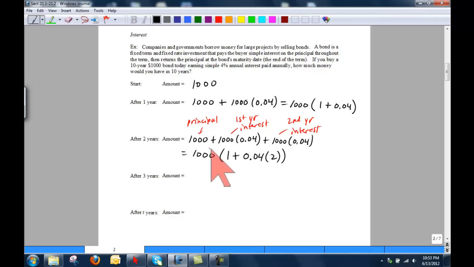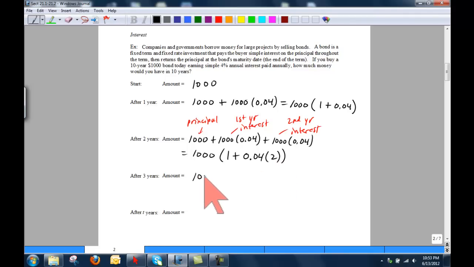So the 1,000 came out. The first term generated the 1, and then each of the second and third terms generated a term of 0.04. There are 2 of them. And now maybe you see the pattern. After 1 year, this is what the expression looks like. After 2 years, this is what the expression looks like.